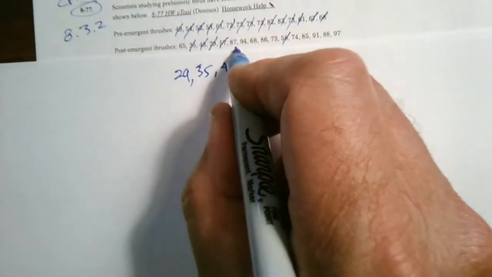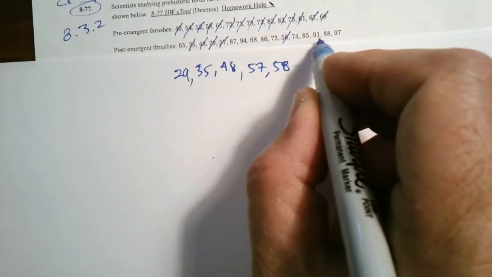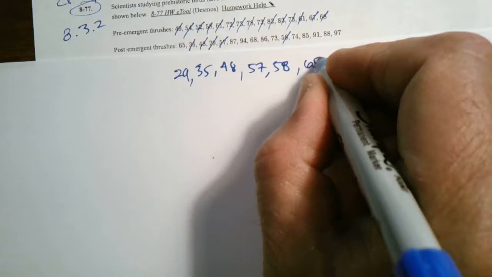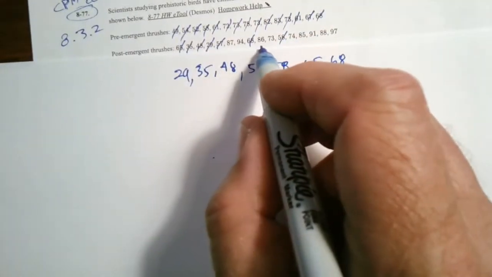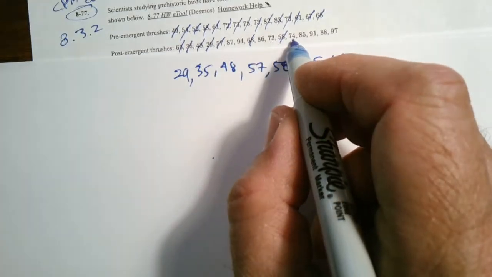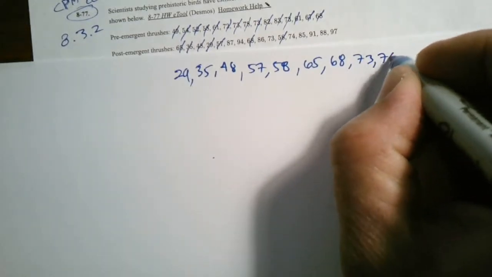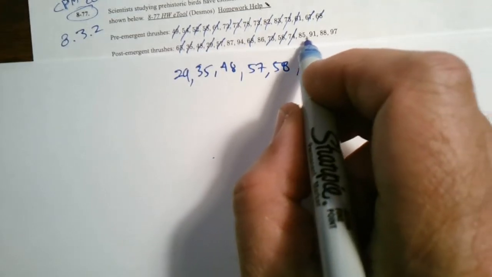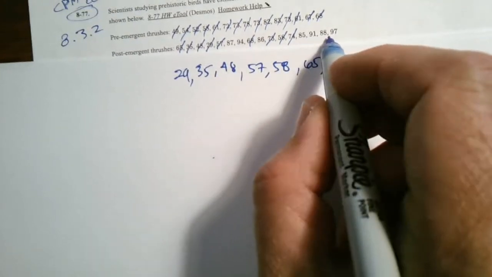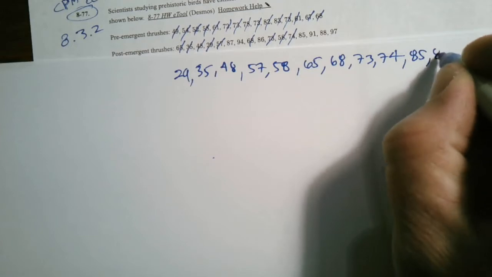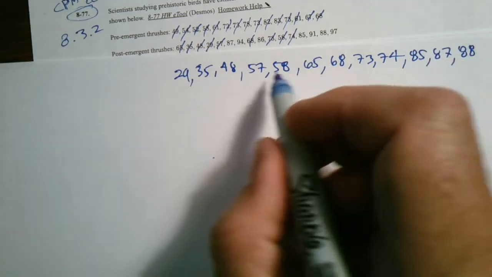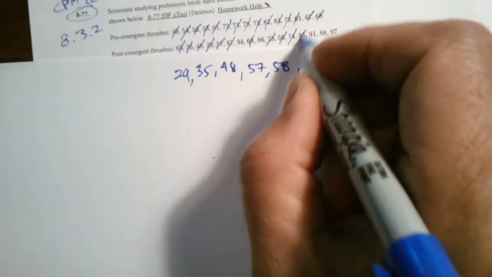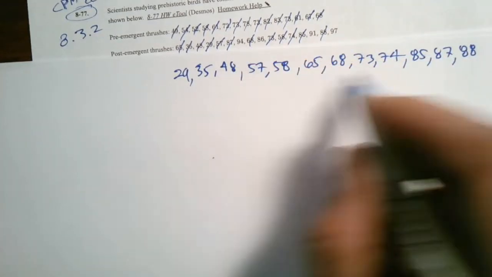I have a 65 and a 68. Now I'm in the 70s. I have a 73, 74. Those are the two 70s. Now I'm in the 80s. I have 87, 85, and 88. So 85, 87, 88. And I have an 86.